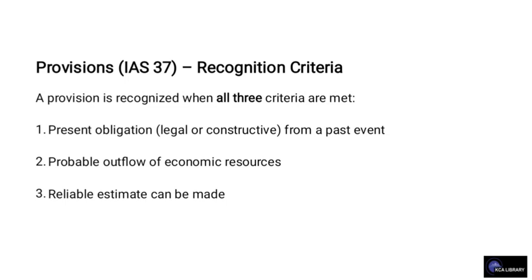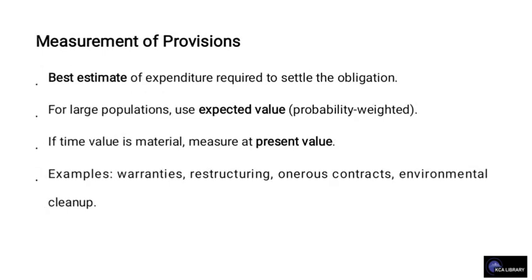Also, probable outflow of economic resources, and lastly, reliable estimates can be made. These three criteria bring about the recognition of provision. If the three are not met, then the provision cannot be recognized.